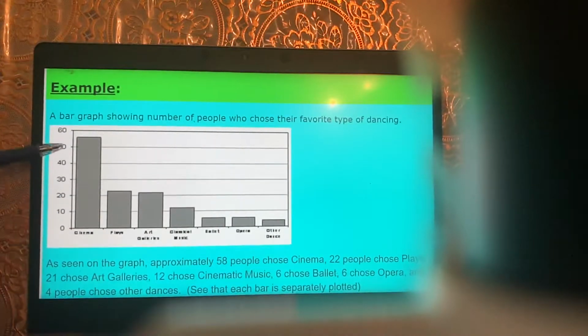So this is a bar graph where there is a separation between the bars. The bars are not tight to each other. That's the main way you differentiate a bar graph.